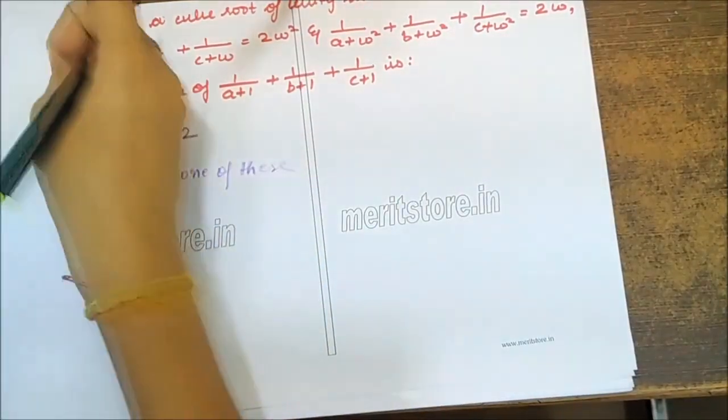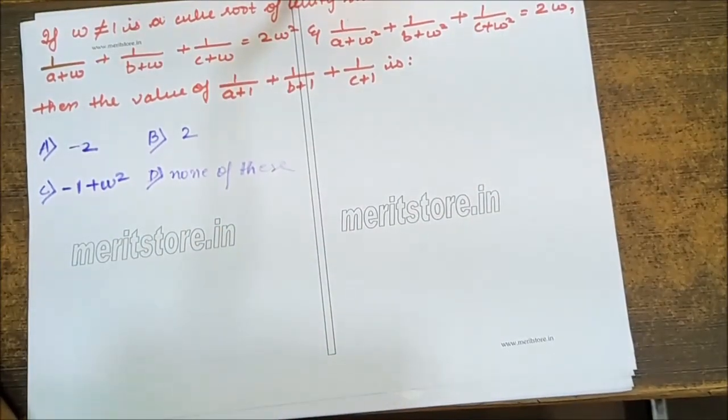If omega is not equal to 1 and is a cube root of unity, such that 1 upon (a plus omega) plus 1 upon (b plus omega) plus 1 upon (c plus omega) is equal to 2 omega, and 1 upon (a plus omega squared) plus 1 upon (b plus omega squared) plus 1 upon (c plus omega squared) is equal to 2 omega squared. Then the value of 1 upon (a plus 1) plus 1 upon (b plus 1) plus 1 upon (c plus 1) is equal to.